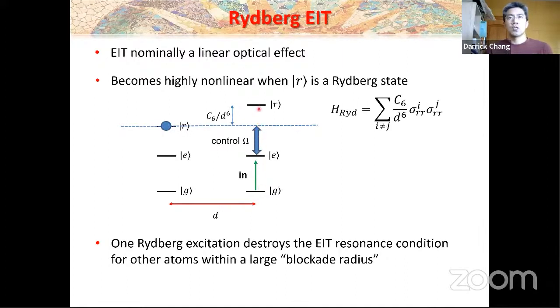This R level gets shifted so much in energy that my EIT can't exist anymore. And if you go to a high enough Rydberg level, so that the C6 coefficient is big enough, this Rydberg excitation can destroy the EIT resonance condition over a pretty big, even macroscopically large region known as the blockade radius.